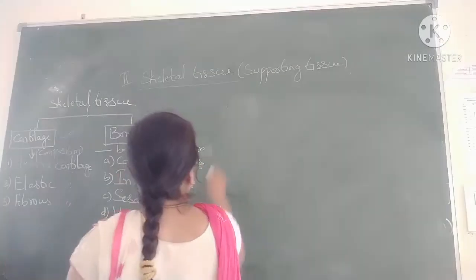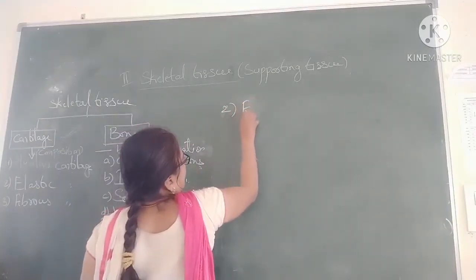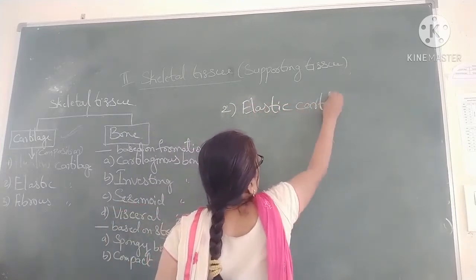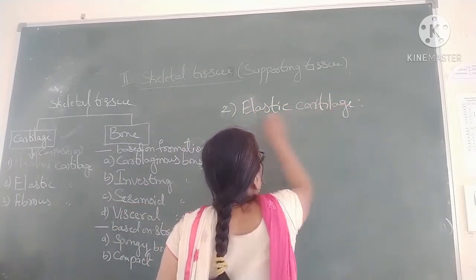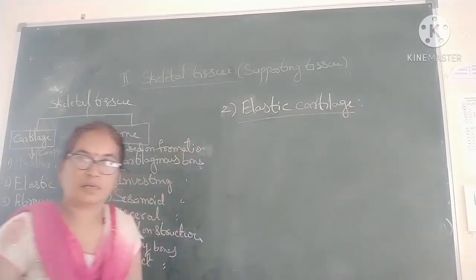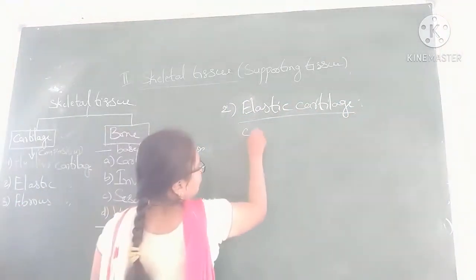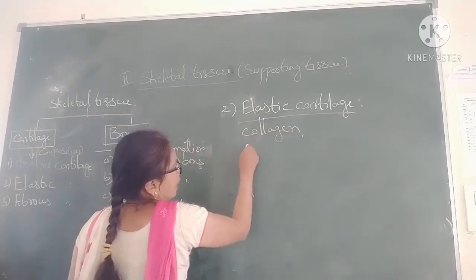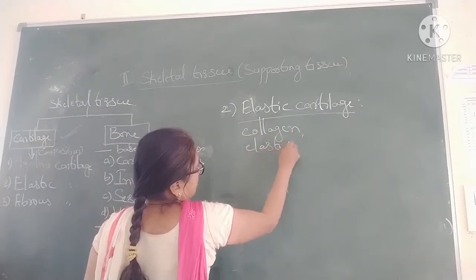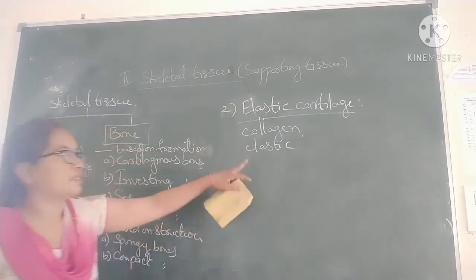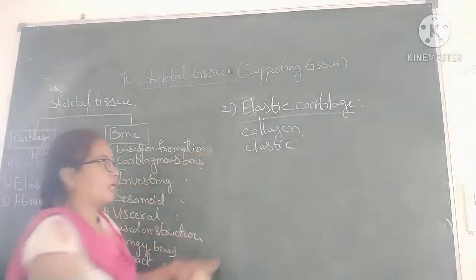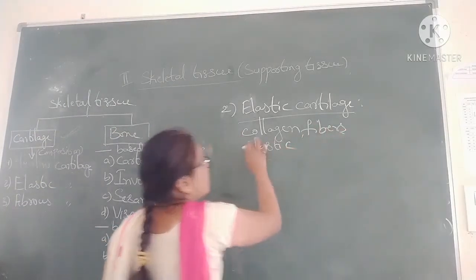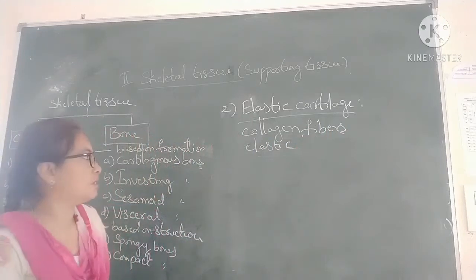Second one, elastic cartilage. In elastic cartilage there are two types of fibers: collagen fibers and elastic fibers.